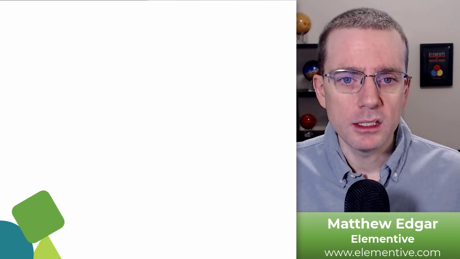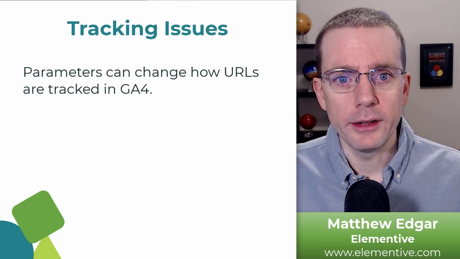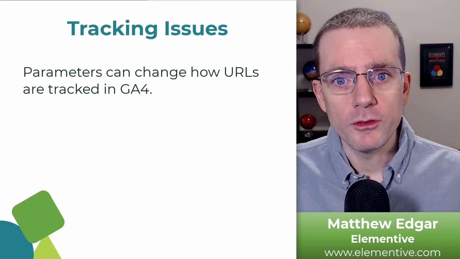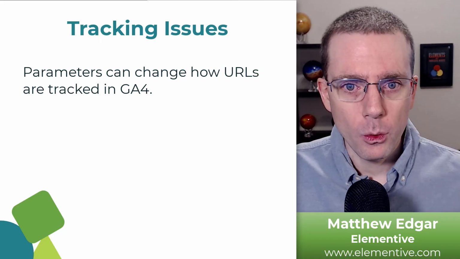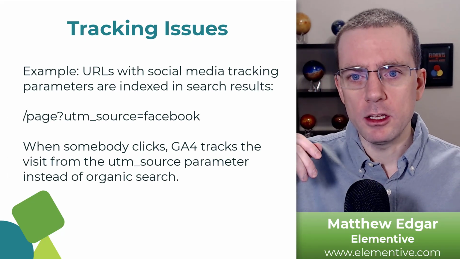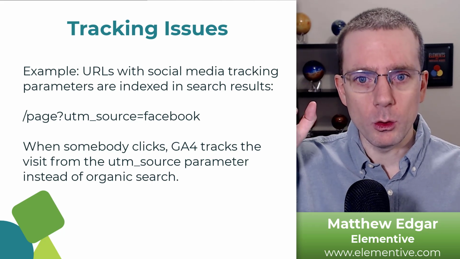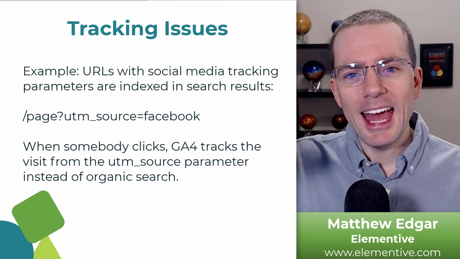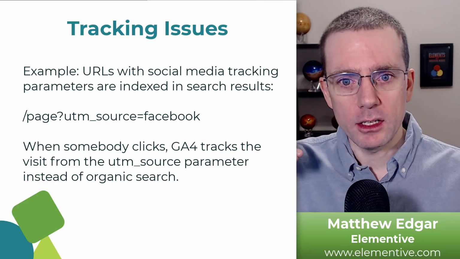Another problem is that problematic parameters on URLs can change how visits are tracked in GA4 or other analytics tools. For example, let's say that you have a bunch of URLs with social media tracking parameters that end up indexed in organic search results.